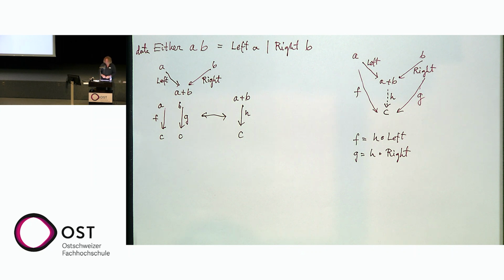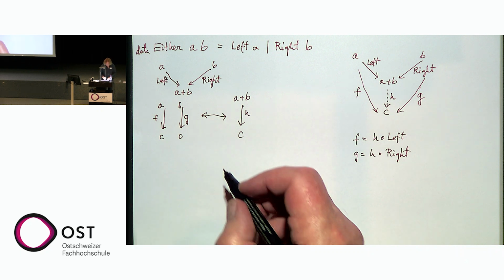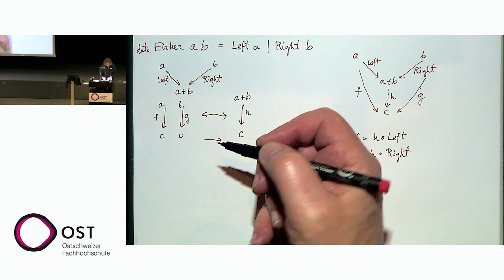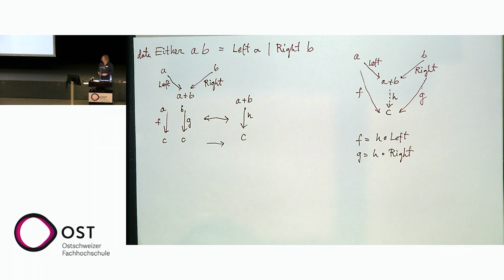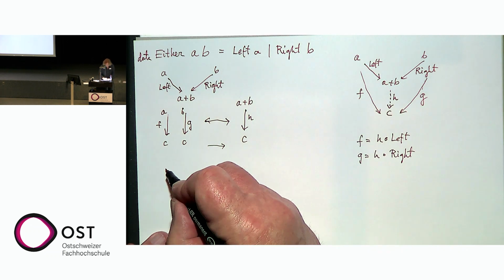So what would be the witness to this? From left to right, a function. Can you implement a function that goes from left to right? It's a function that takes a pair of functions, A to C, B to C. It's called either, right?